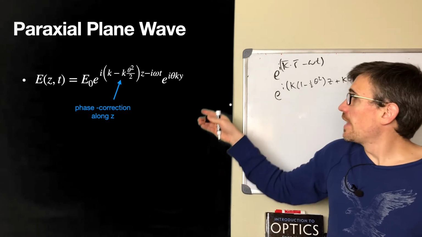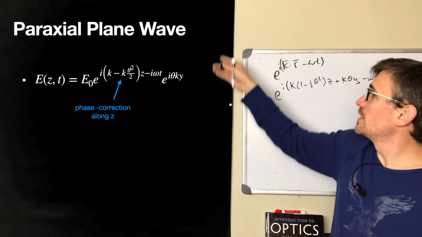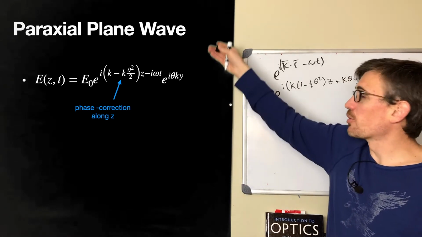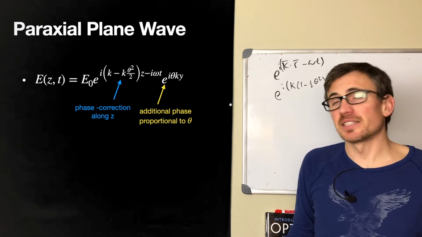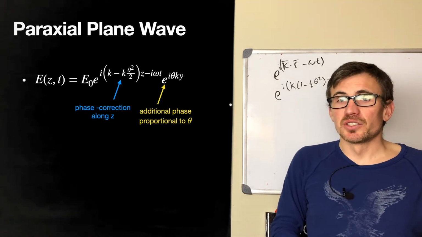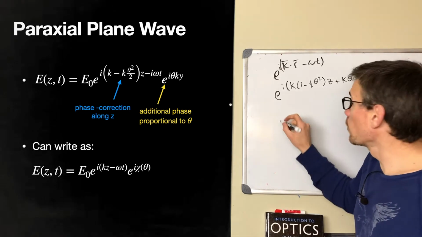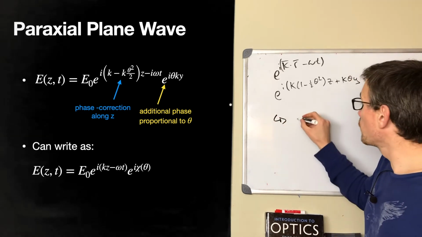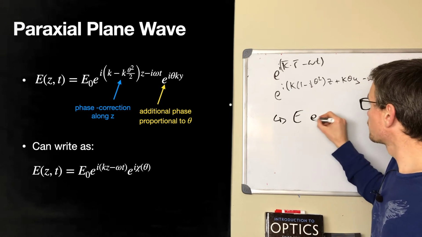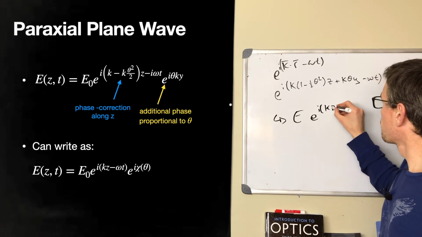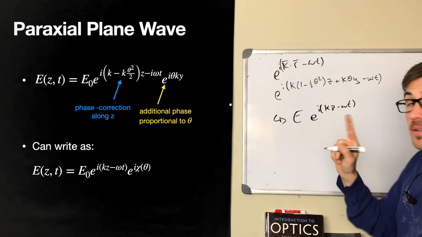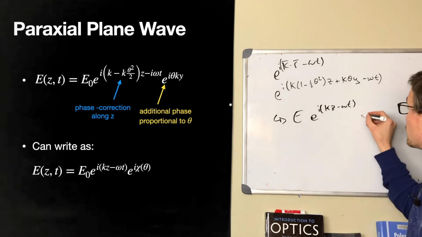And then also we have an additional phase based on how far up or down y we go. That's this second term here. So the whole point is that we can write this as normal propagation always along the z-axis plus an overall phase correction.